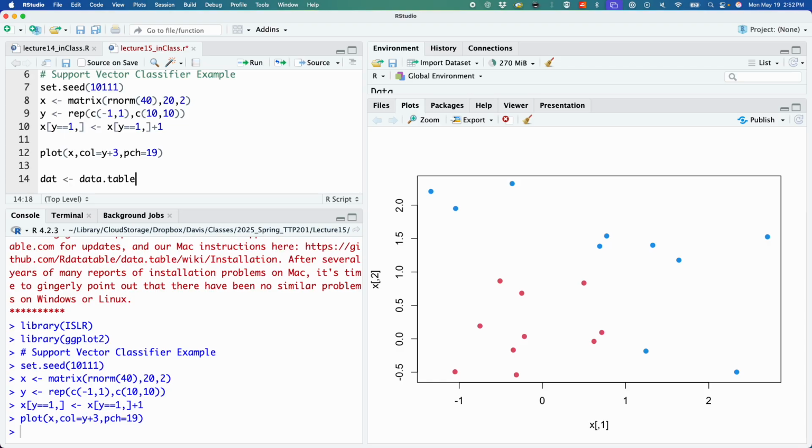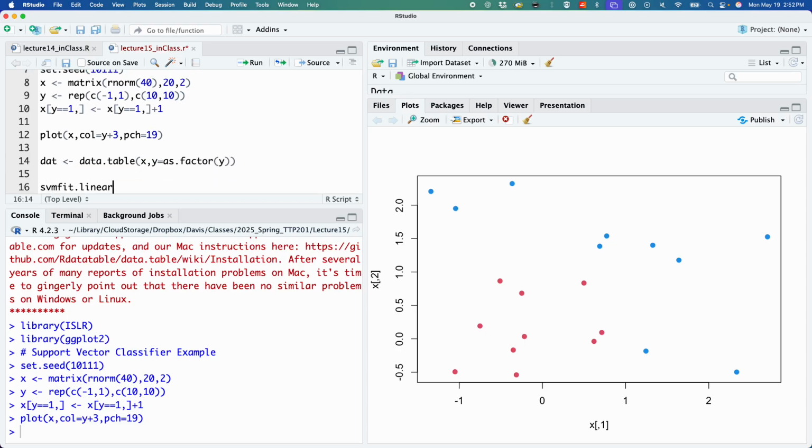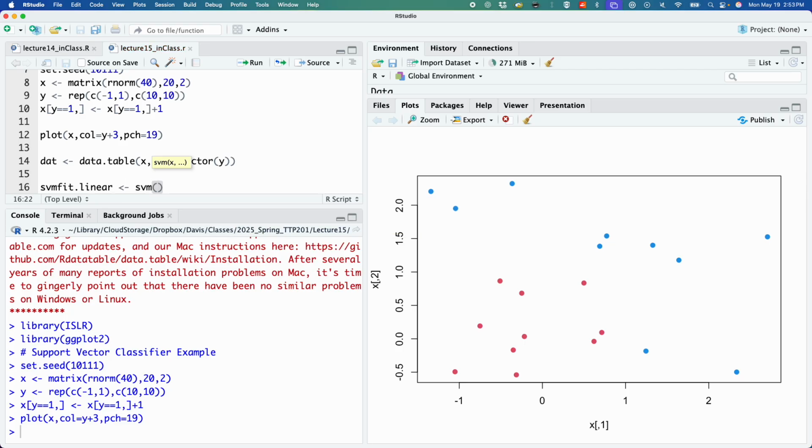So remember, a support vector classifier is actually just a support vector machine where the kernel is linear. And so we're going to use this function called svm, which is support vector machine. We'll do y on x1 and x2, which I represent as a period. Data equals dat. Actually, if we want, we can look at the data really quick. View dat.